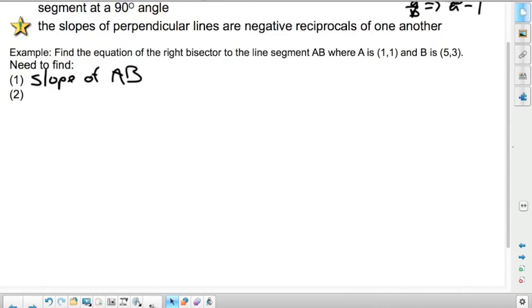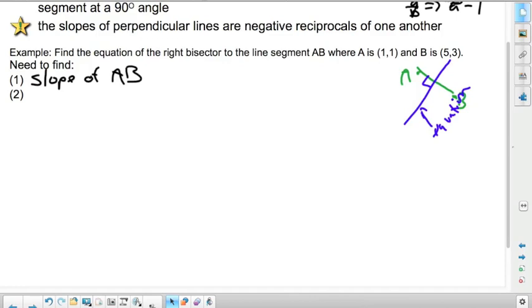If AB looks something like this, A and B, we want to find a line that cuts it in half but creates a 90-degree angle. So we want the equation of this.